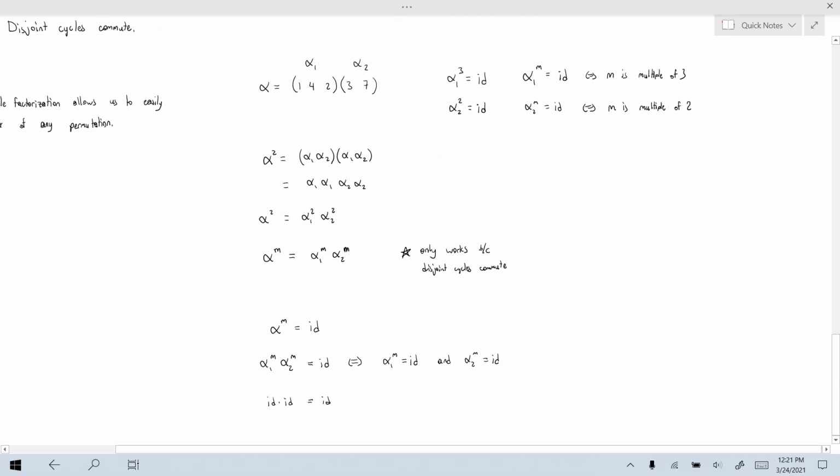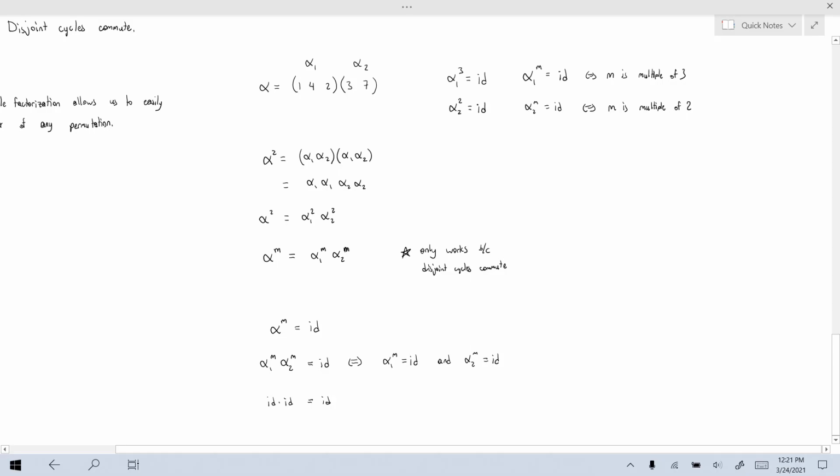So what is the smallest number for which alpha 1 to the m will be the identity and for which alpha 2 to the m will be the identity as well? Well, for this first condition to be satisfied, m would have to be a multiple of 3 because alpha 1 was a cycle of length 3.